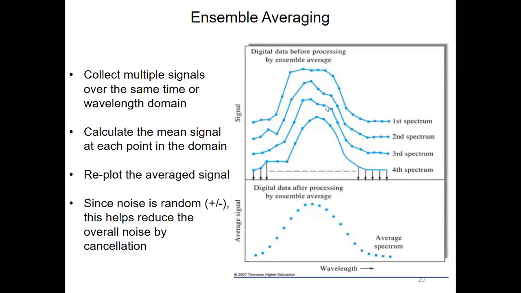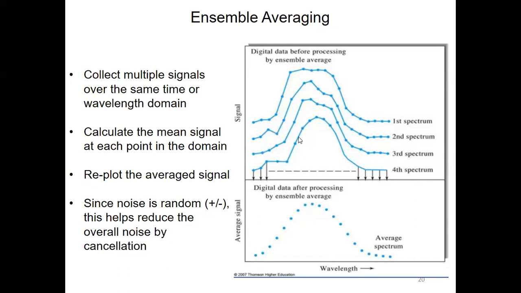Then during the ensemble average, for the first data point, at this wavelength, we average all 4 values at this wavelength, and then by averaging, we replot the average signal here. Similarly, we do the ensemble averaging for all the data points and we get the average spectrum.